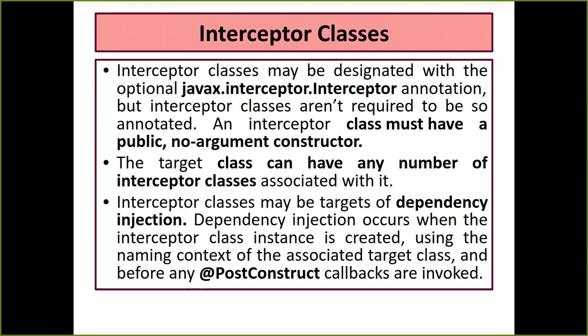We have learned about the concept of dependency injection. Here only one problem is going to occur. If I have an interceptor class and dependency injection together in one program, the dependency injection is not going to allow the interceptor to work the way it is meant to work. It is going to stop that.